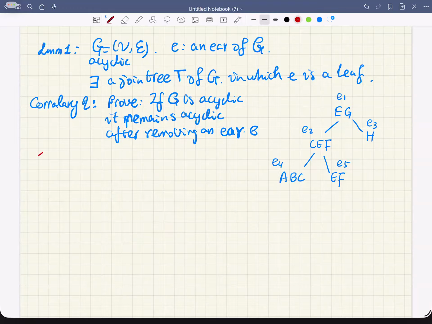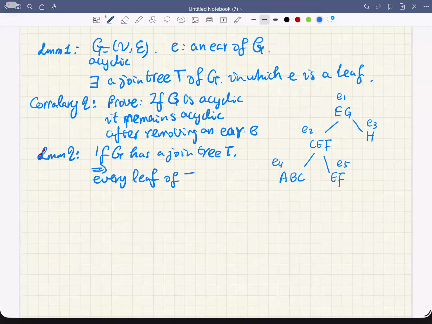Now, there's another lemma, but this lemma is much easier. It says the following: if G is acyclic, or another way to say the same thing, if G has a join tree T, then every leaf of T is an ear.